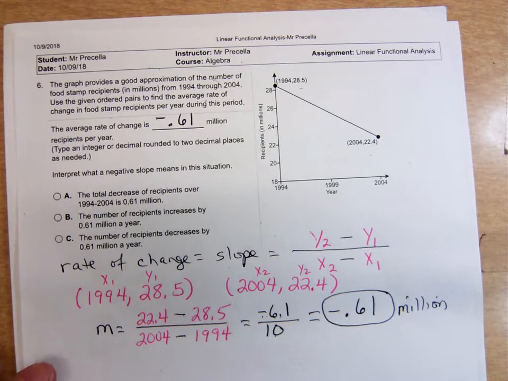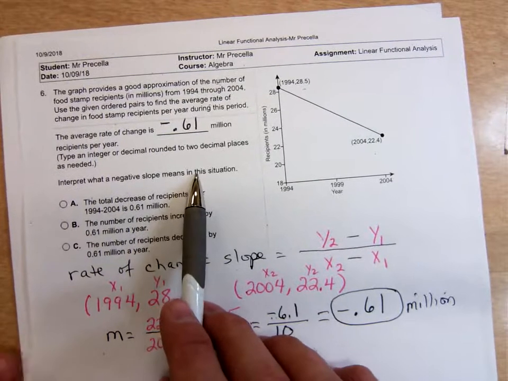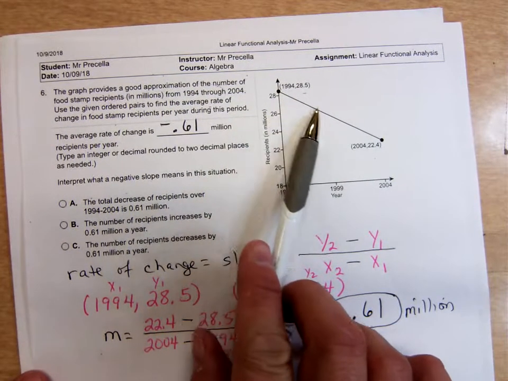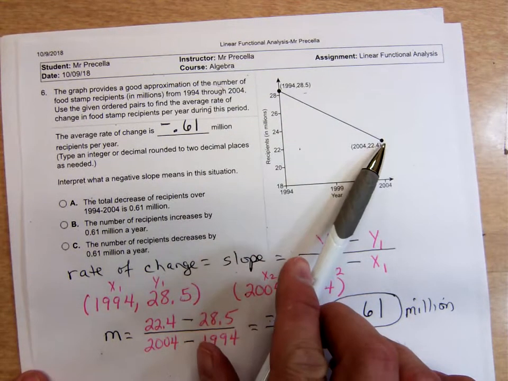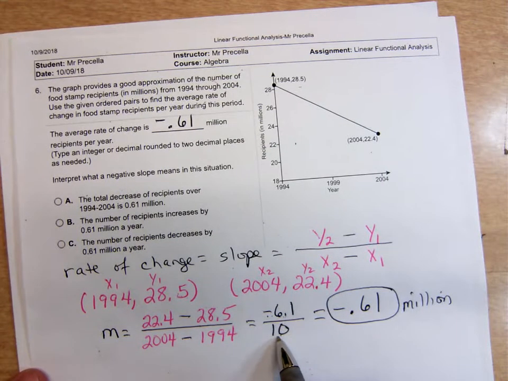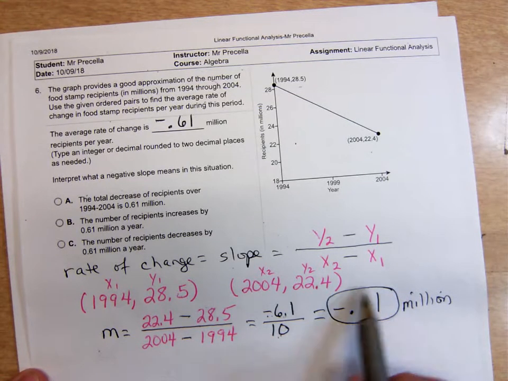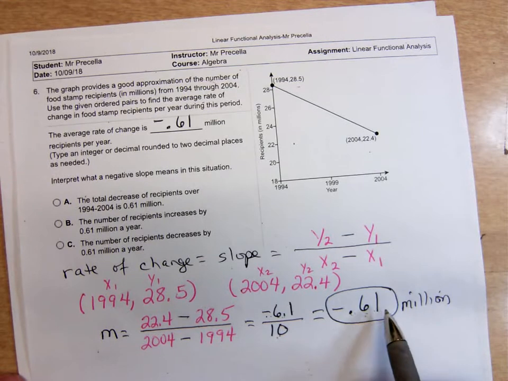So now let's interpret what this negative slope means. Just looking at the graph, you can tell that the number of recipients is decreasing. It decreased 6.1 million over 10 years. When you divide it by 10, that's telling you that on the average, it's decreasing by 0.61 million per year.